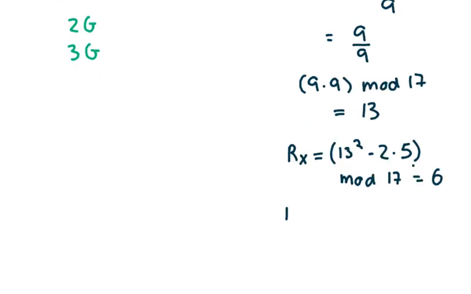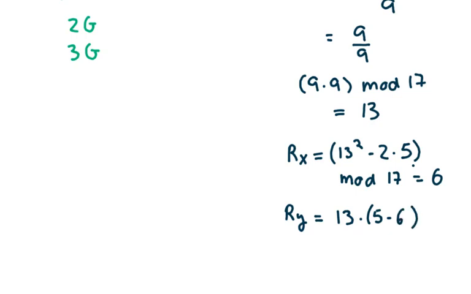Now we compute the y-coordinate of point R, and that's equivalent to the slope of 13 times the x-coordinate of point x, which is again 5, minus the x-coordinate of point R, which we just computed to be 6.